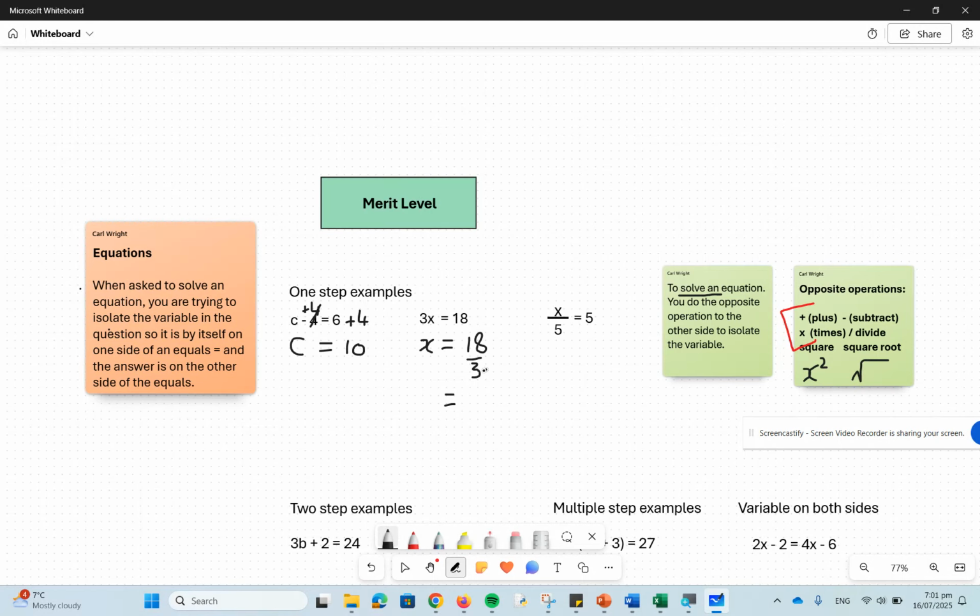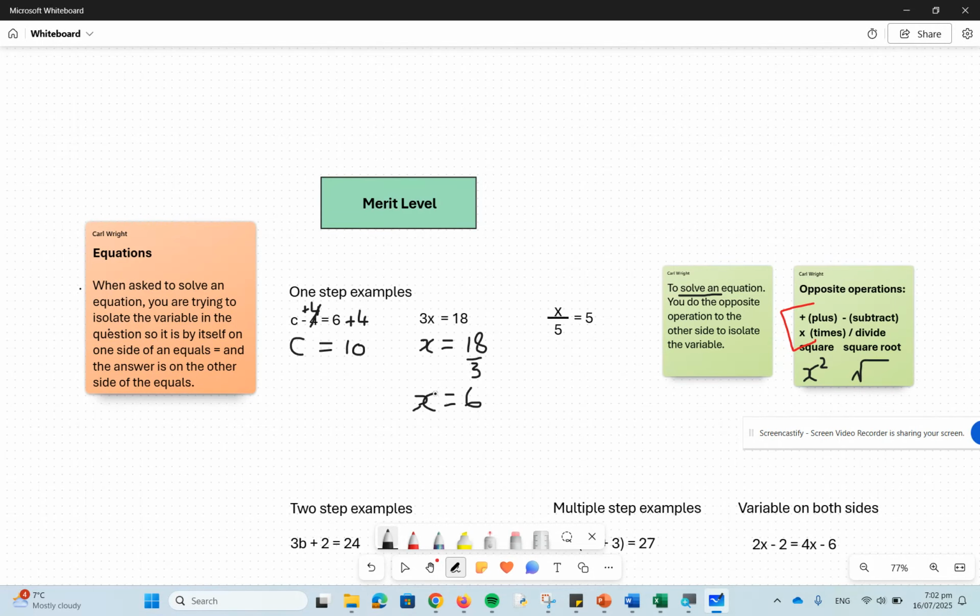Now, the answer, we could leave it like this, 18 divided by 3, but if you can do it without having a decimal point, and you can do it like, oh, that's easy, you just divide that by that, and it's not a decimal number, you go one more step down. But if it becomes a decimal number, just leave it like this. Okay, so 18 divided by 3 is 6, and that means x must equal 6.